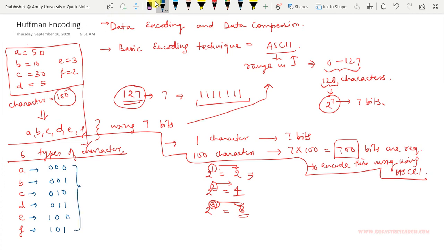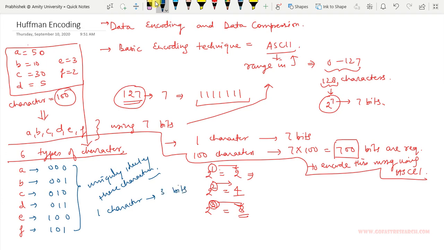And we have successfully and uniquely identified these characters. In this method, one character is represented using 3 bits.